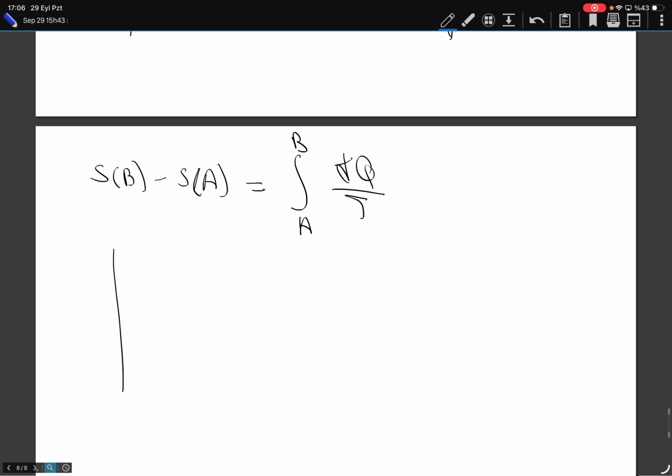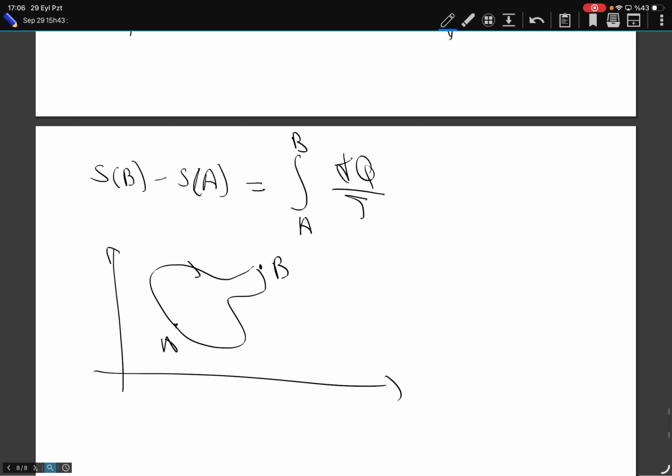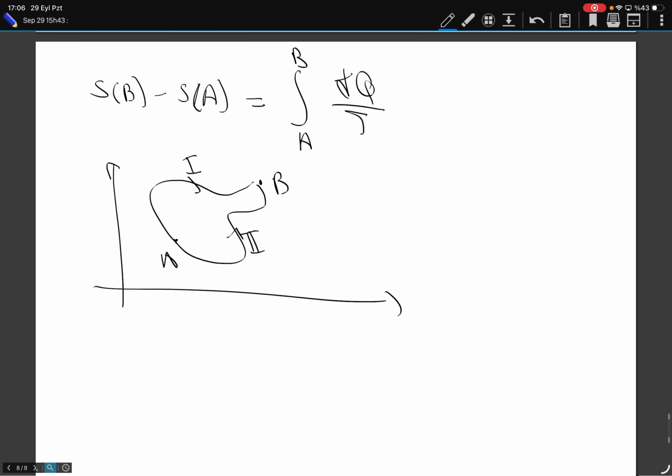Well, let's just imagine point A, point B. I can go along this path or along this path, let's say path 1 and path 2. What this tells me is the integral of dq by T as I go from A to B along path 1, plus the integral from B to A, I'm now closing the path, but this time I am going along path 2, should be 0.